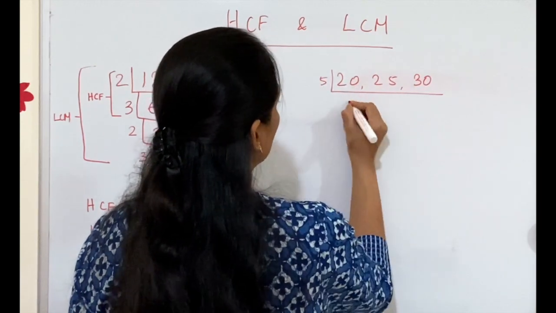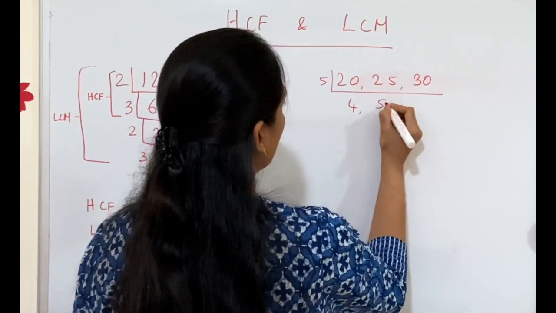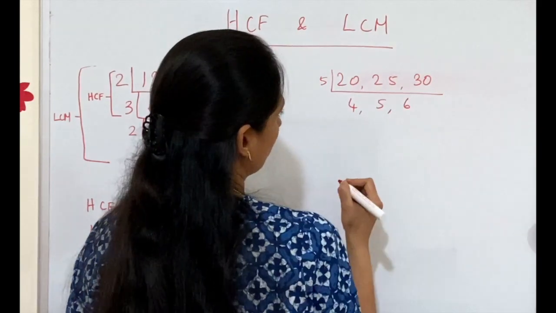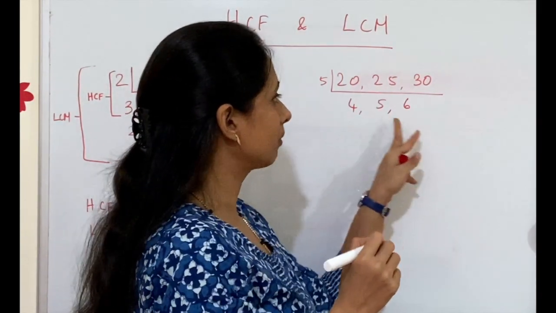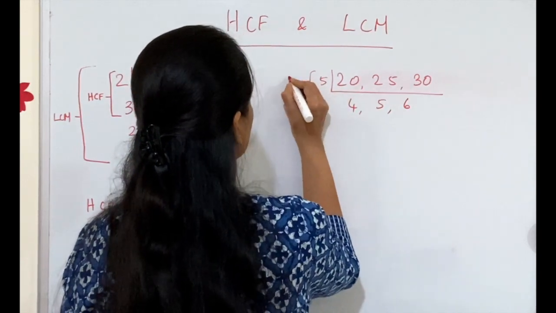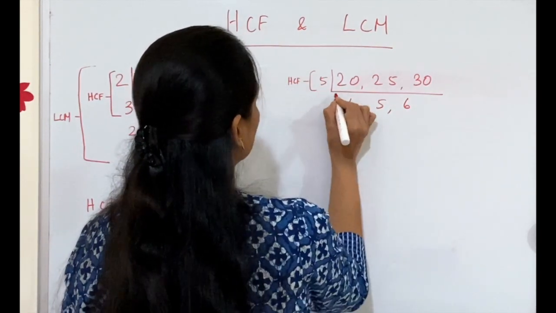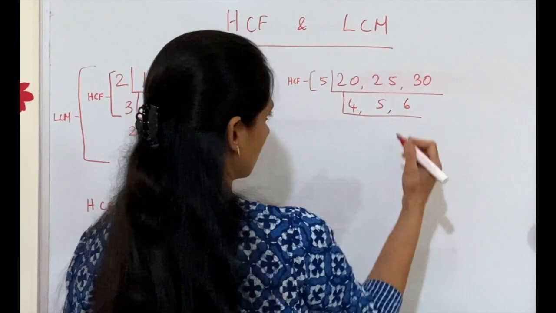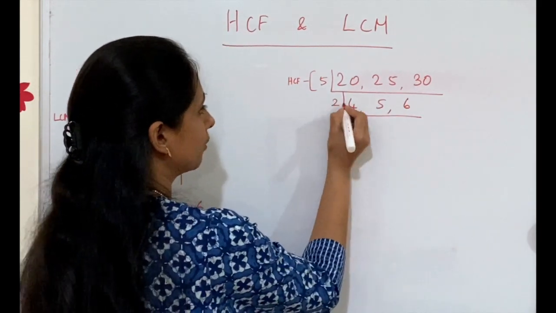I have 5 common here, 4, 5, 6. So I don't have a common factor for all 3. So now this will be the HCF. For LCM, what should I do? I should keep dividing. I have a common factor here for this and this.